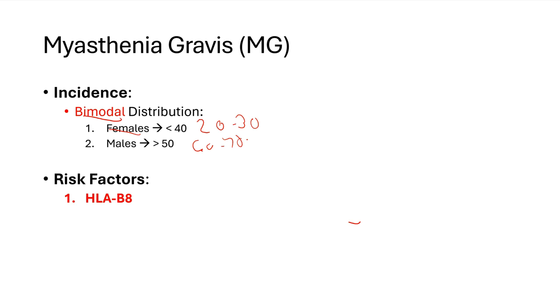So the HLA-B8 system doesn't directly cause myasthenia gravis, but it increases the risk by influencing how the immune system recognizes self-antigens. Thus, having an issue with HLA-B8 can cause an exacerbation or cause an individual to recognize its self-antigens, leading to a breakthrough of MG.